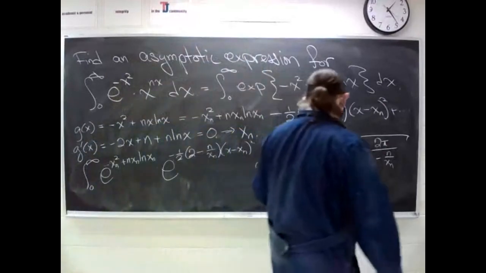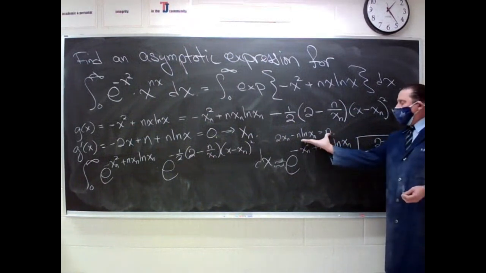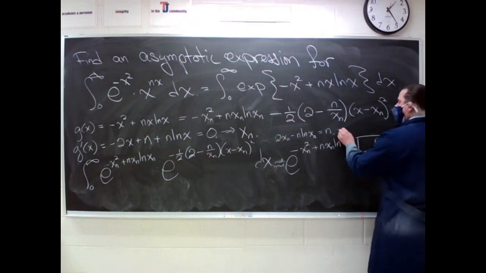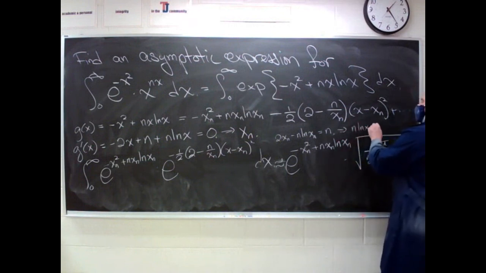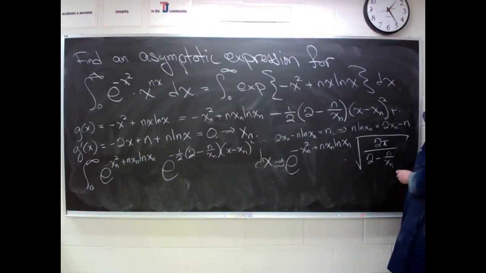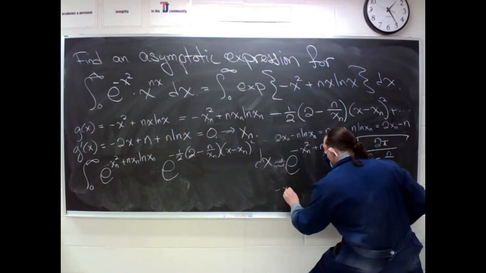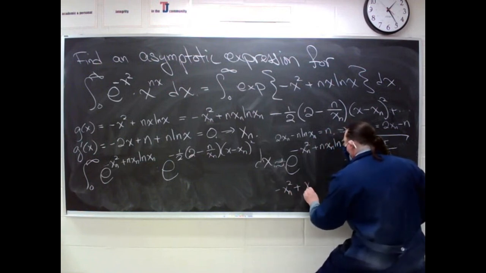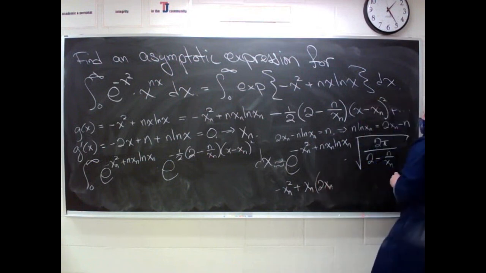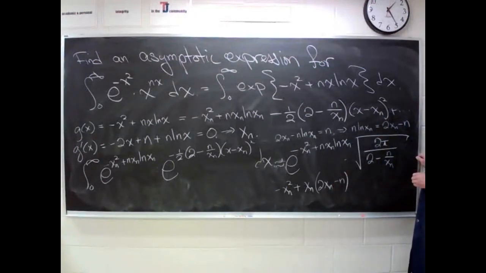We can simplify this a little bit more by making use of the fact that xn satisfies this equation. So that means n log xn is equal to 2xn minus n. And look what we've got here. Minus xn squared plus xn times n log xn, which is 2xn minus n. All right?